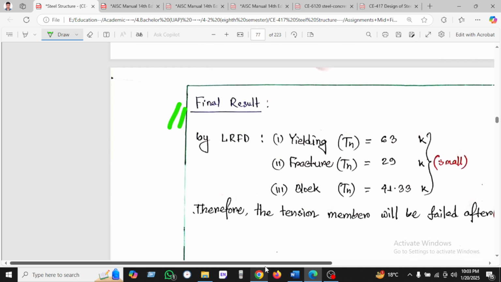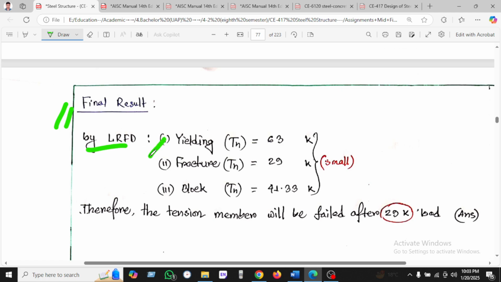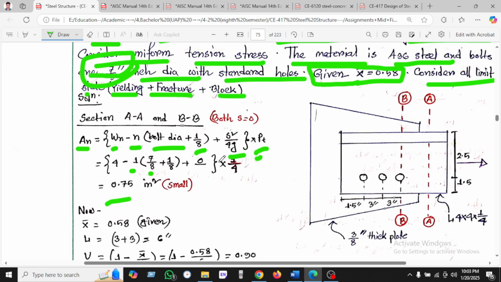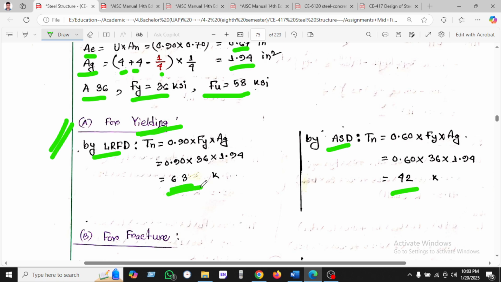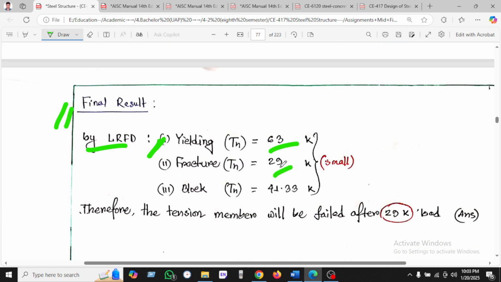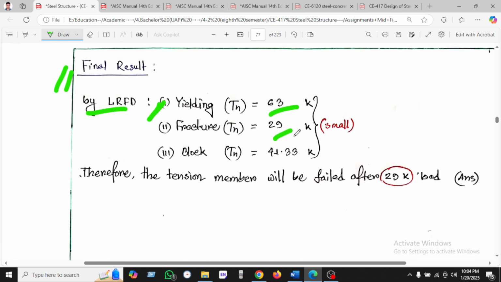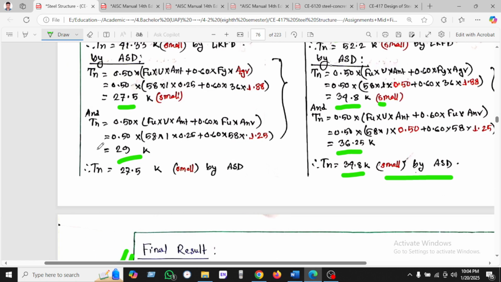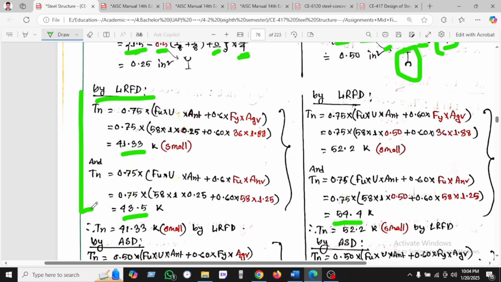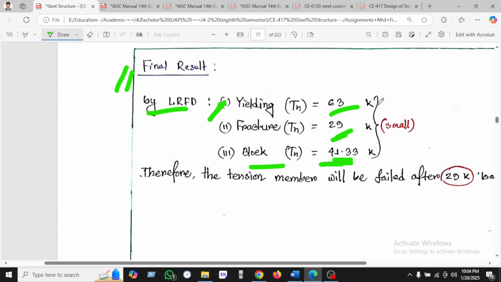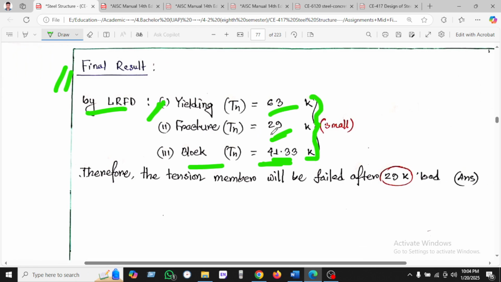If we finalize the result, by the LRFD method, for yielding we found 63, for fracture we found 29, and for block shear we found 41.33 and 43, so we take 41. Among these three results, we take the least load, which is 29.